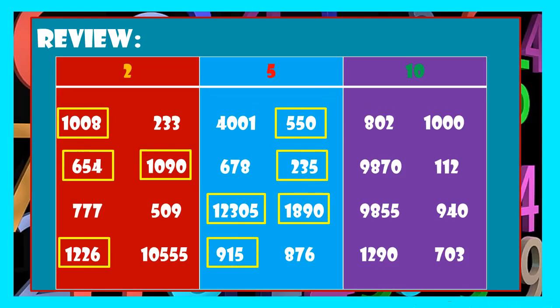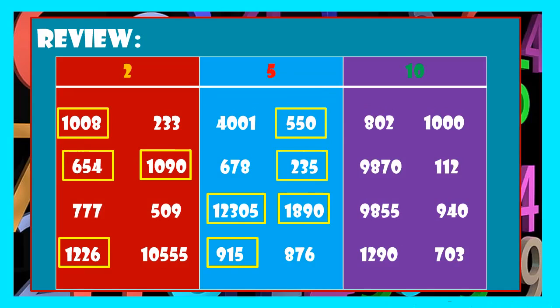So why are these numbers divisible by 5? Because according to the rule, numbers are divisible by 5 if the last digit is 5 or 0. So these numbers end with the digit 0 and 5. So that's why these numbers are divisible by 5.